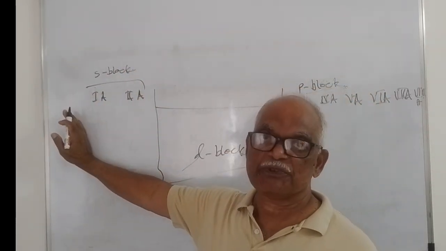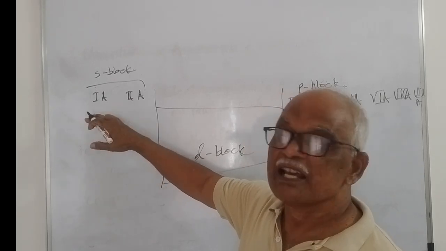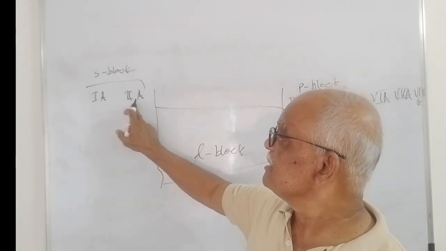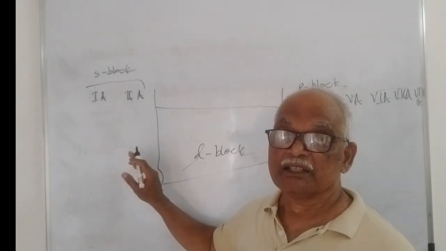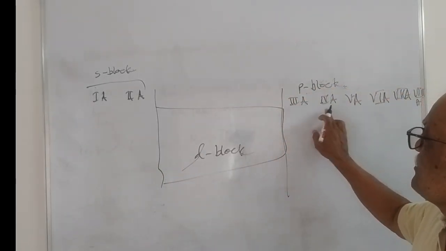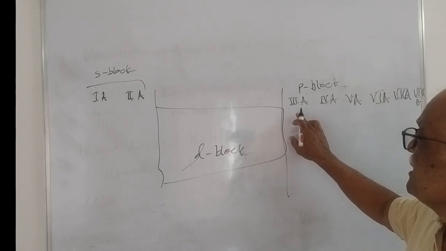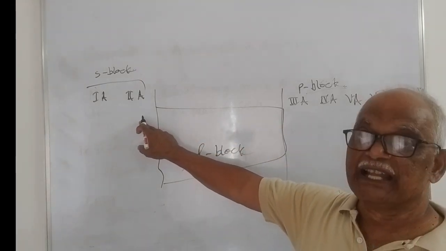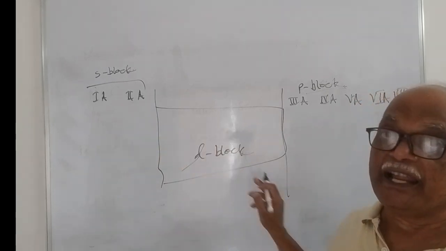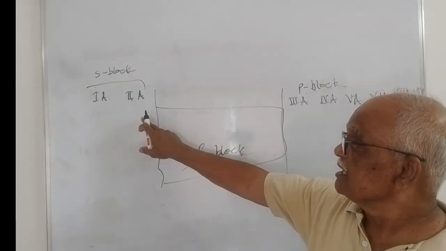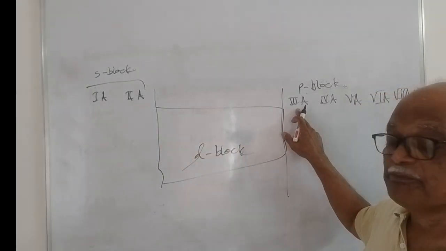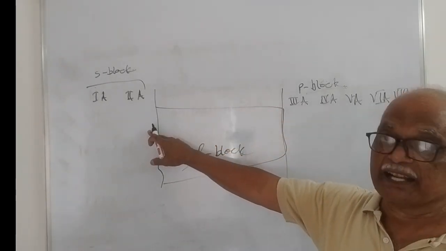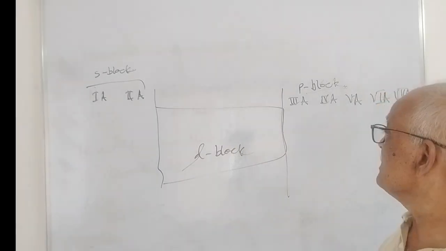The most electropositive element is placed in the first A group, and the relatively less electropositive, meaning more electronegative, element is placed in the second A group. This trend is followed in the third A, fourth A, up to eighth A. The third A group metal is less electropositive than the second A; in other words, the third A element is more electronegative than the previous element.